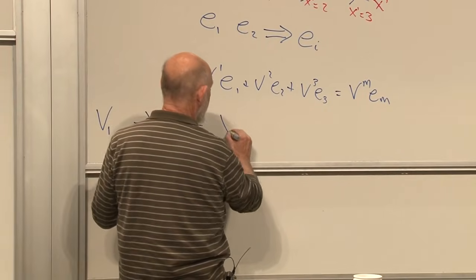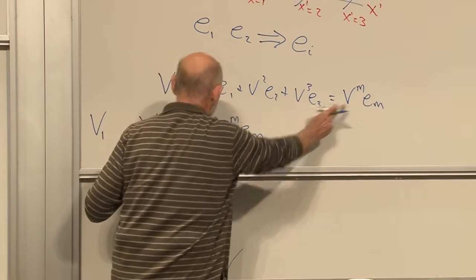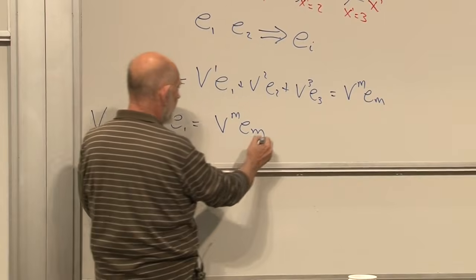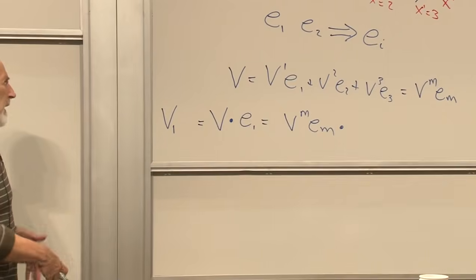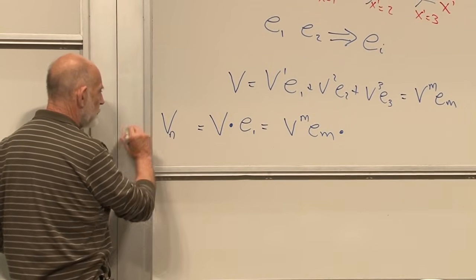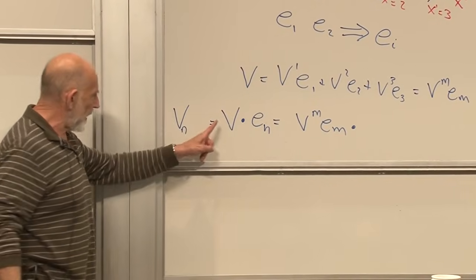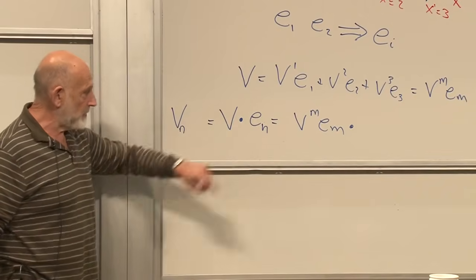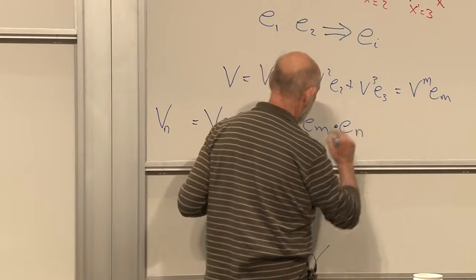This is equal to V^m E_m from here. And now we're going to dot it into E1. But why fix E1? Let's go for the general case: the dot product of V with the nth basis vector, E sub n.